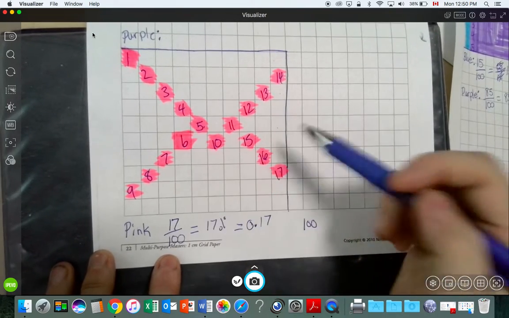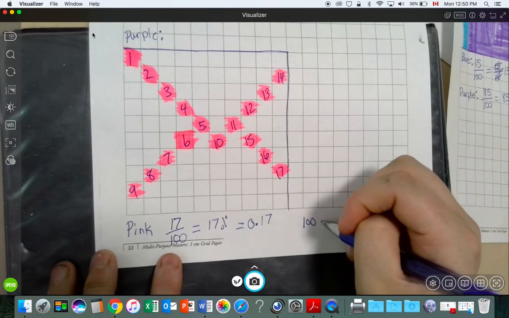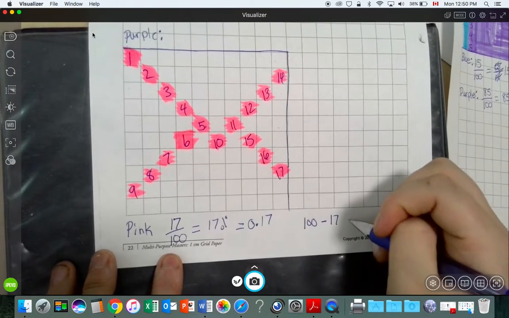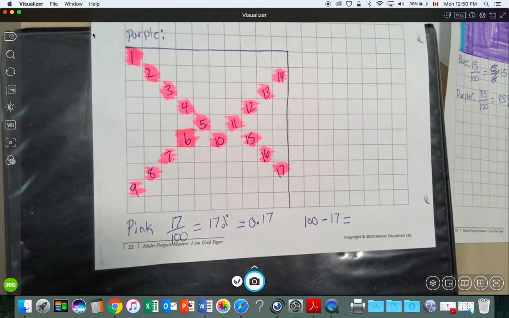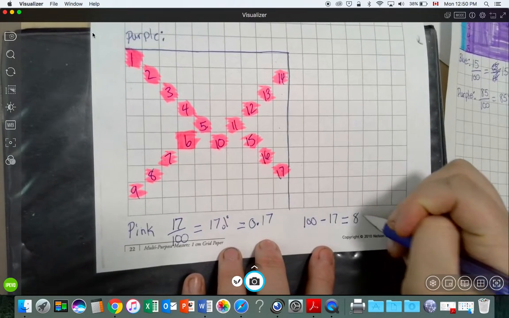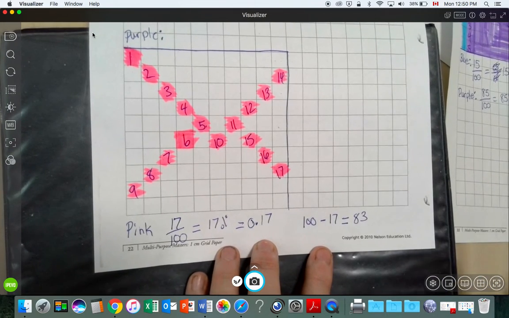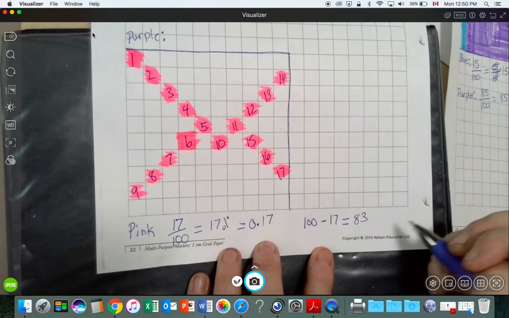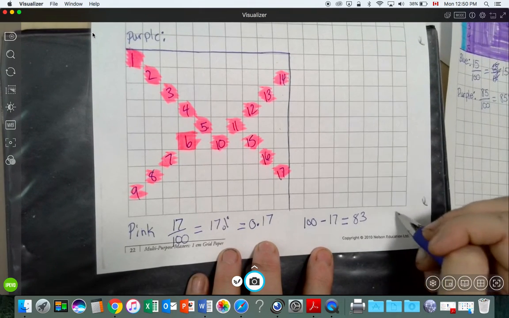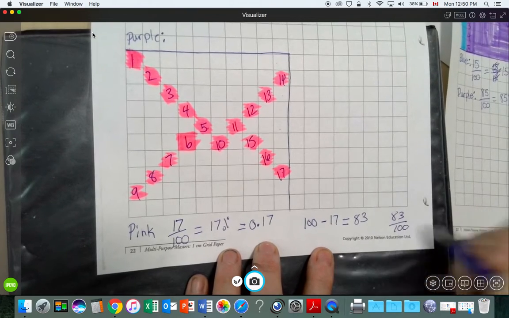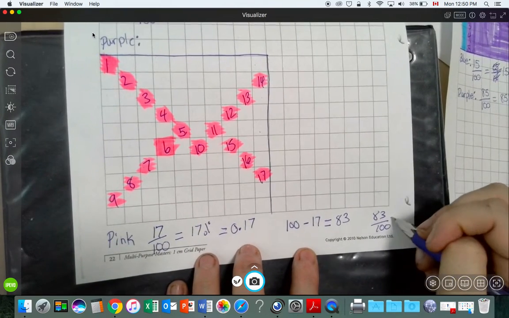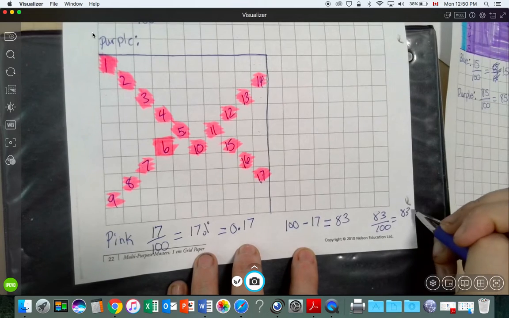I know that there's 17 pink, so I'm going to go 100 minus 17, which gives us 83. So our fraction for this would be 83 over 100, and our percent would be 83%.